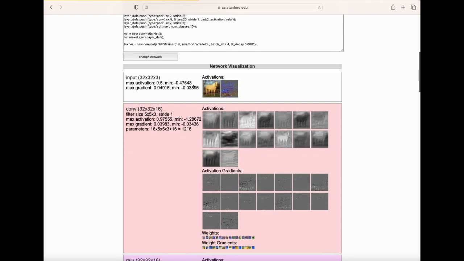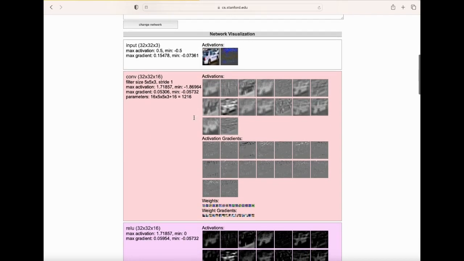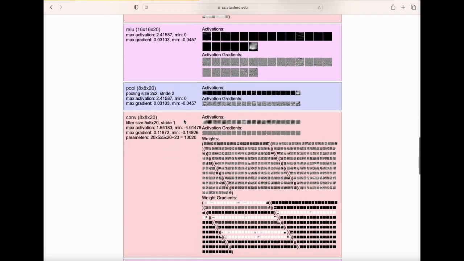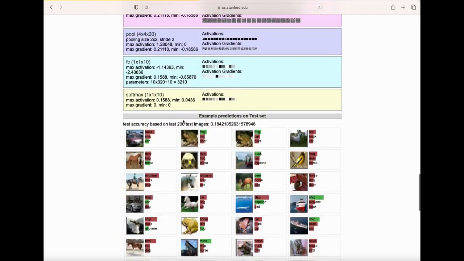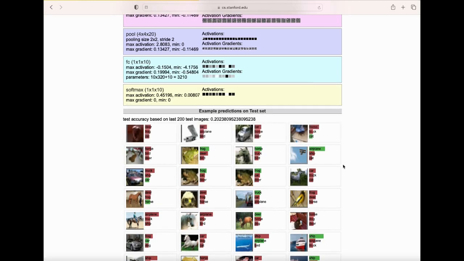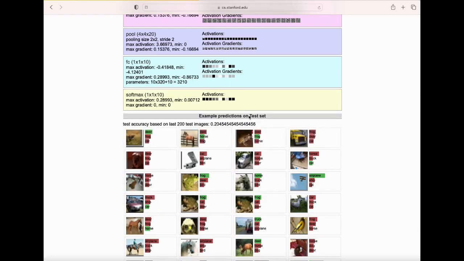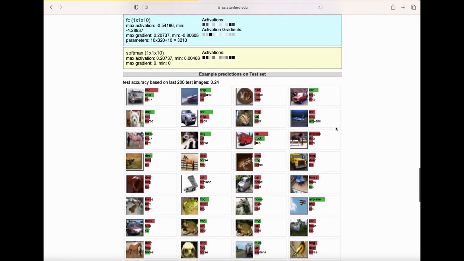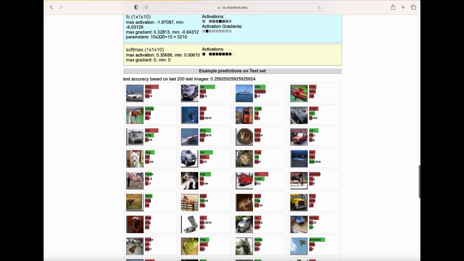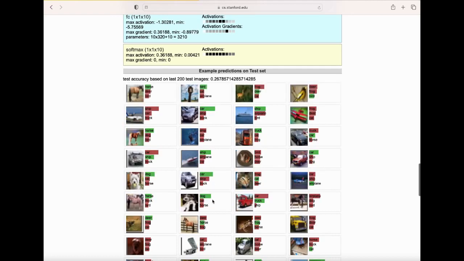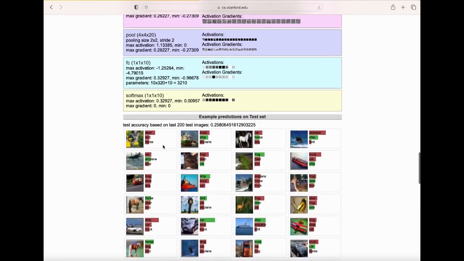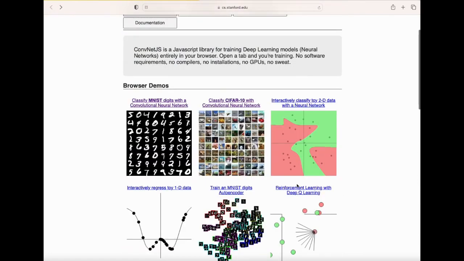We've got the input layer, all the hidden layers are also shown, and we also see the output of this model during the testing phase. For example, here the dog, it predicted correctly that this image was a dog. So you can go back and have a look at the other examples too.